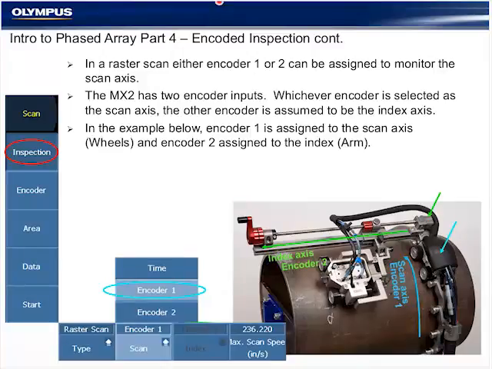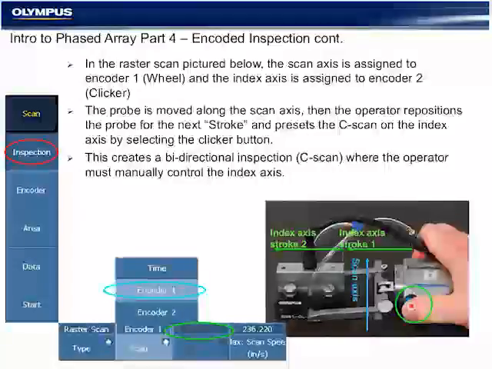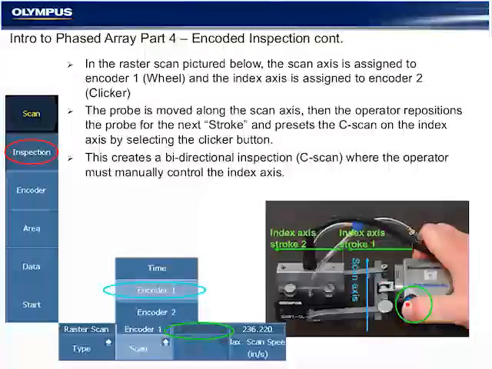That same inspection on a simpler scanner is also available by simply depressing the clicker, where the operator is manually managing the index axis, meaning that he would take one line of scan, hit the clicker, and reposition the probe accordingly for the next scan.